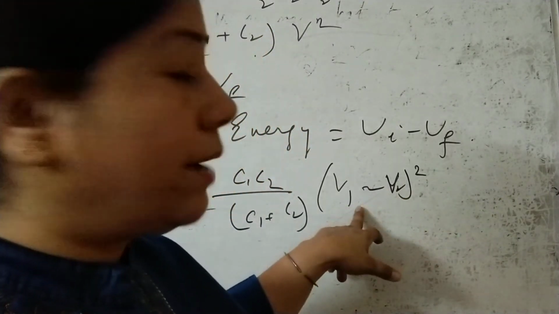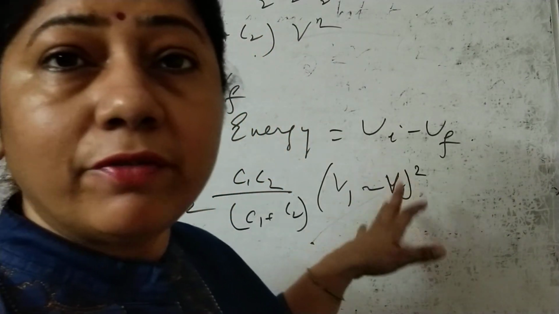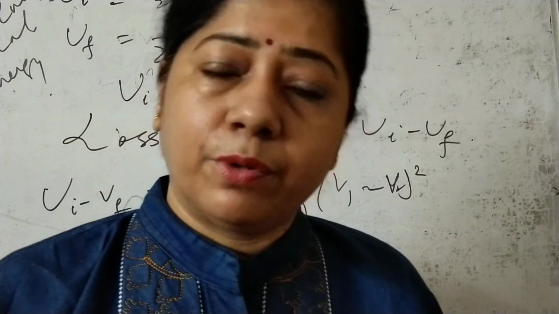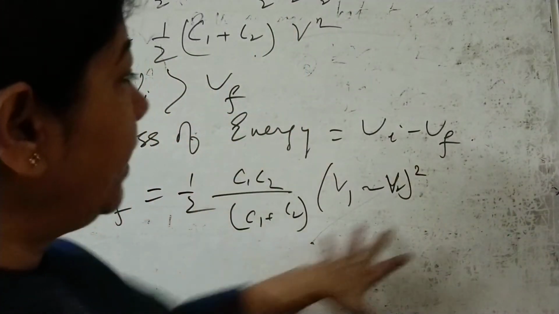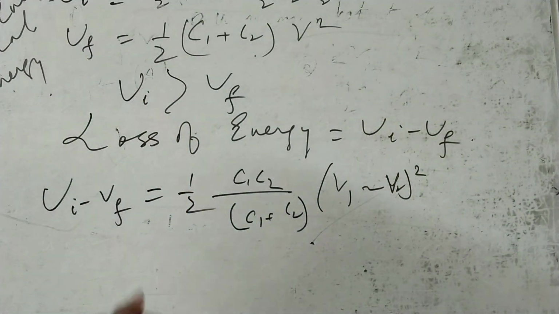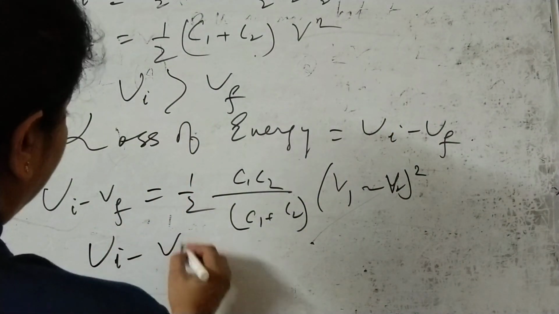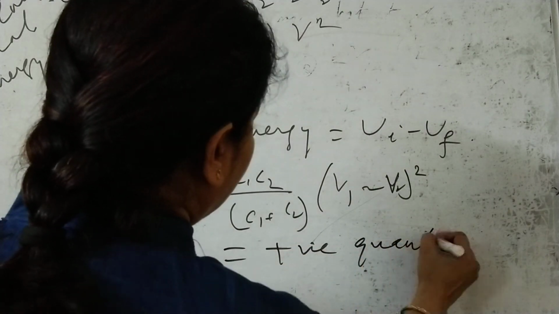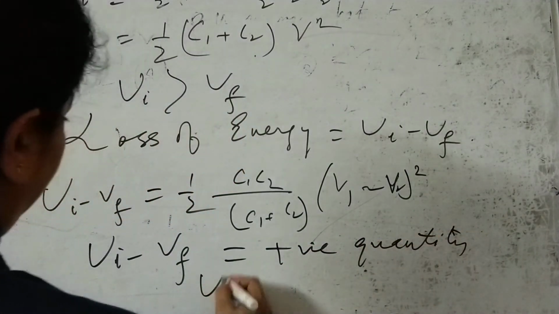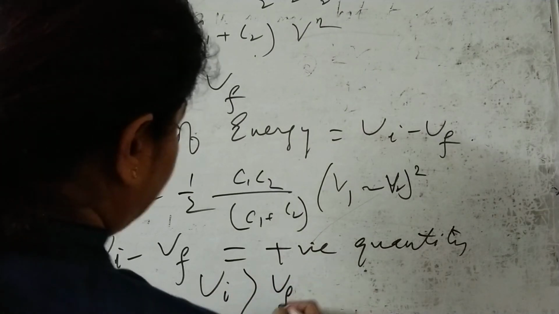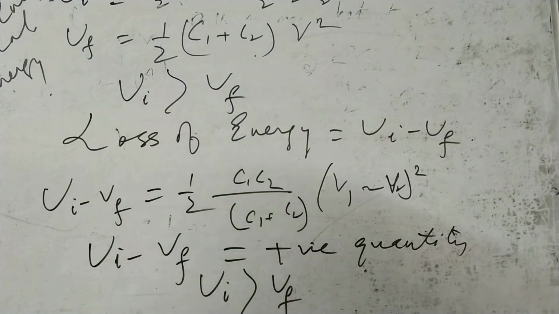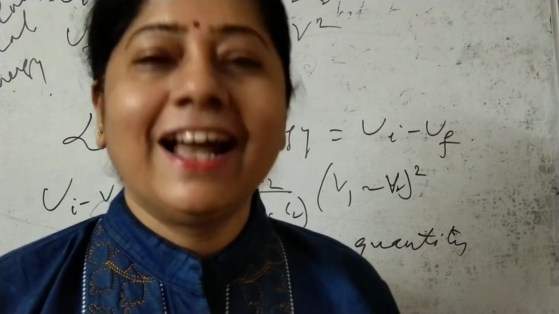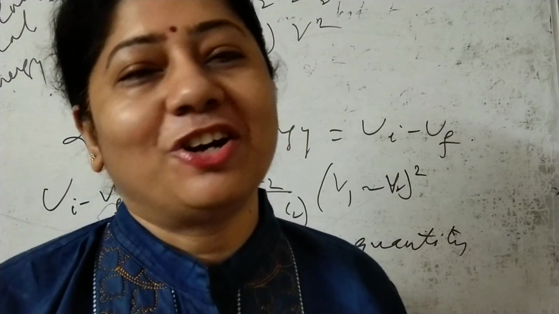In that case you get a negative quantity, but when you square it, you get a positive quantity again. So as a whole, Ui minus Uf is a positive quantity, and this shows that the initial potential energy was more than the final potential energy, which gives an idea that there is a loss of energy.